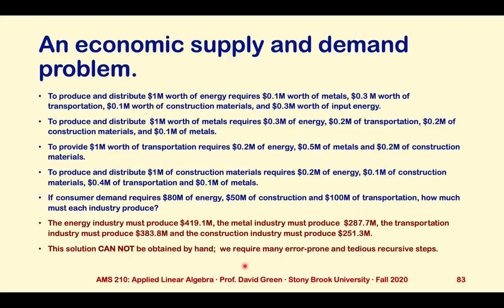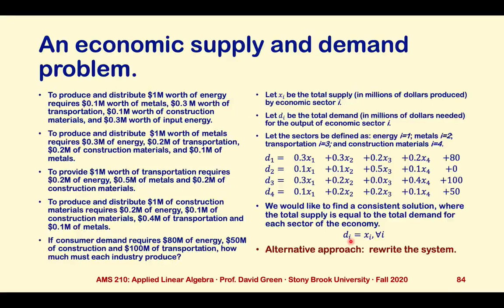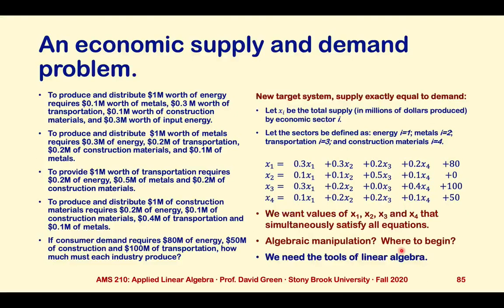I really want to emphasize that this iterative, this recursive solution does not play well with hand calculation. Right? We could, as an alternative, have rewritten the system where we replace the left-hand side with the desired output of setting these two things equal. We want to find values of x1, x2, x3 that satisfy all of these equations.